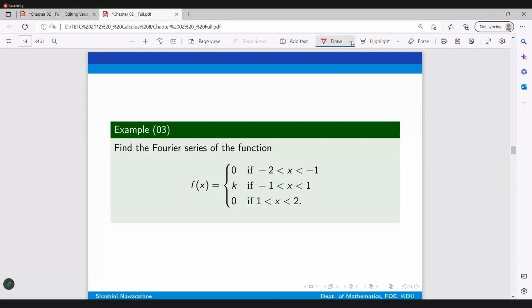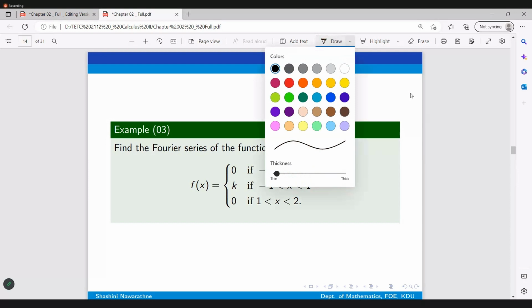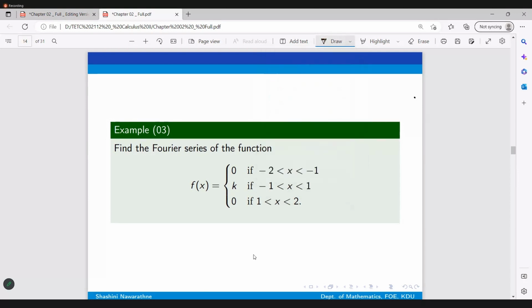So if we are asked to draw the graph of this function, let's consider not the periodic part, let's draw the general graph of this within this given region. So if this is x-axis and this is f(x), f of x.